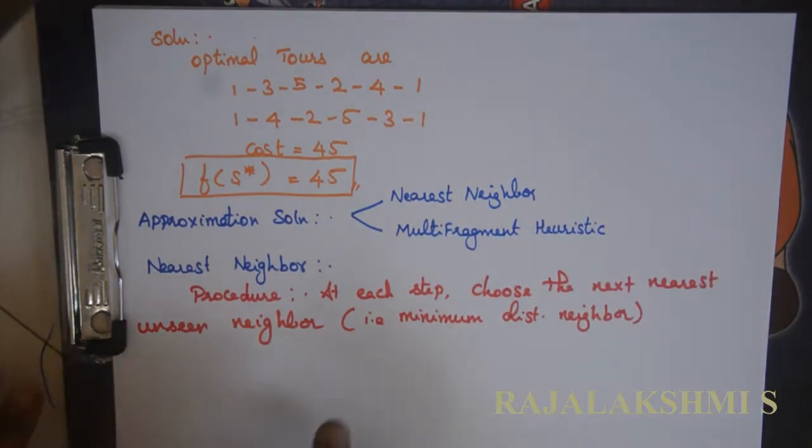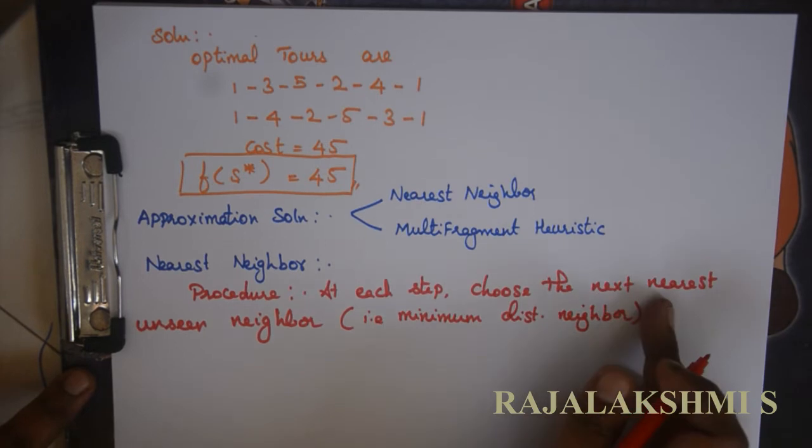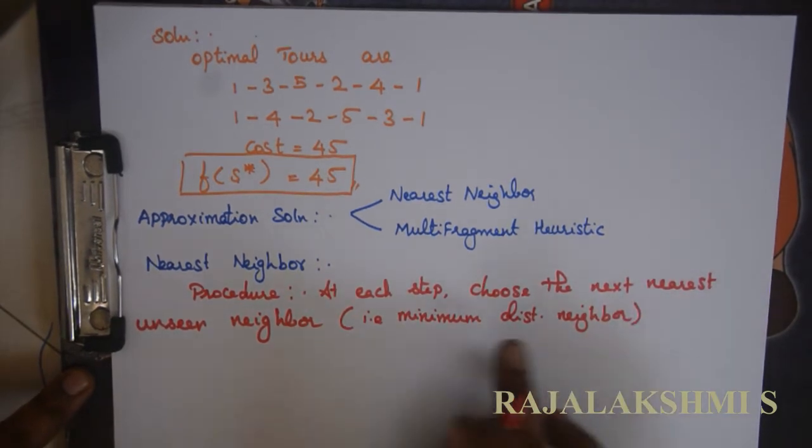At each time step we have to choose a neighbor which is unseen and also nearest. Nearest in the sense a neighbor with minimum distance.